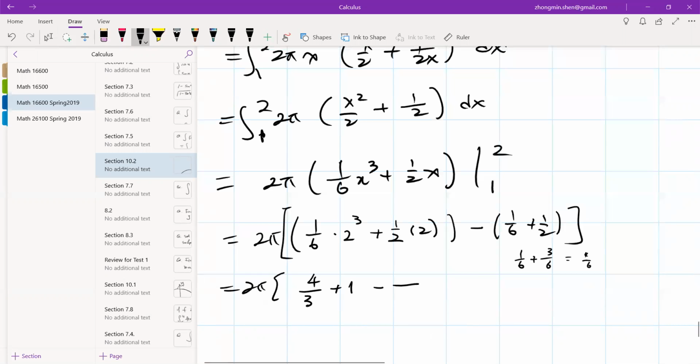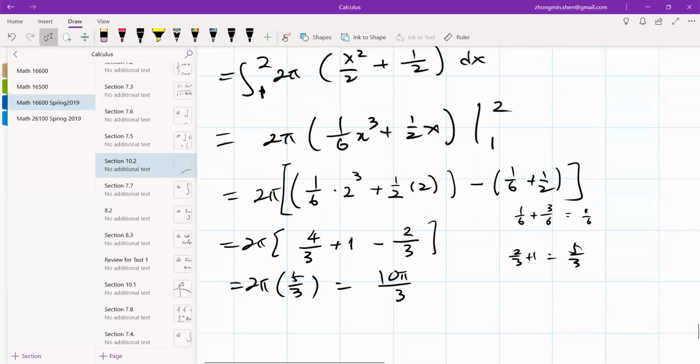That'll be 2 over 3. Then 2 over 3 plus 1 would be 5 over 3. Do you remember you got 10 pi over 3? Okay, that's 10 pi over 3. So that's a good exercise for kids.